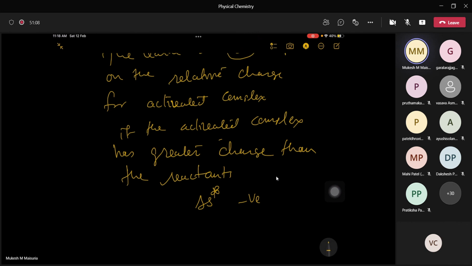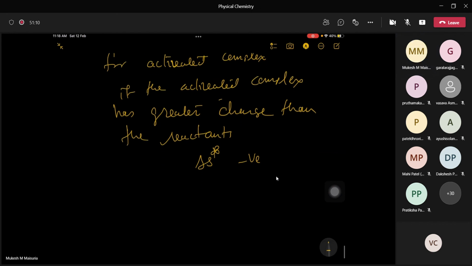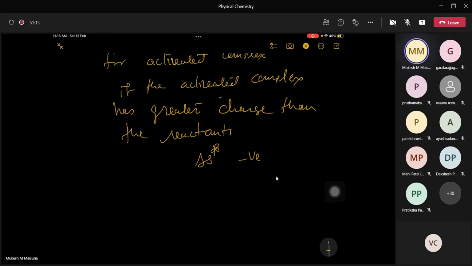Why? Because of the increase in the solvation around the complex.